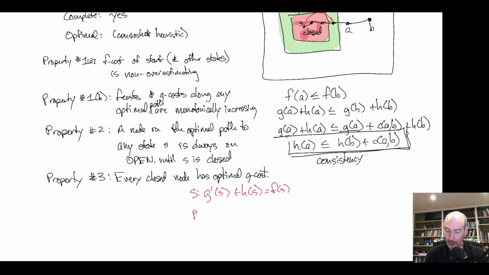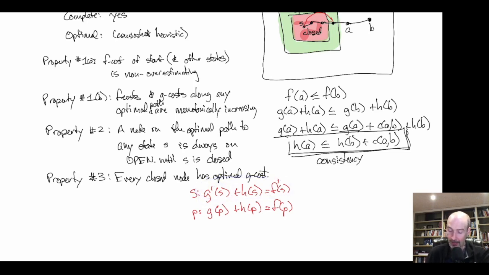And so what we know is that I have G of P. It's got optimal cost, so G of P is currently optimal. And then I have H of P. And so this is just equal to the f cost of P. And I'm going to call this f prime because it's the current cost of the suboptimal path that we found to S right now. And if we were actually going to try to expand S right now, given that I had a suboptimal G cost, what would have to happen?